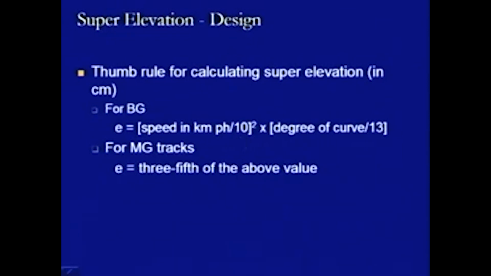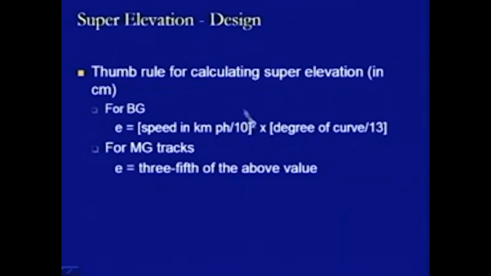So, 80 divided by 10 means 8, 8 square means 64, is to be multiplied with the degree of curve divided by 13. In the previous case, the degree of curve was 2. So, 2 divided by 13 is about 0.15. It is to be multiplied with this, and we will get the value in centimeters.